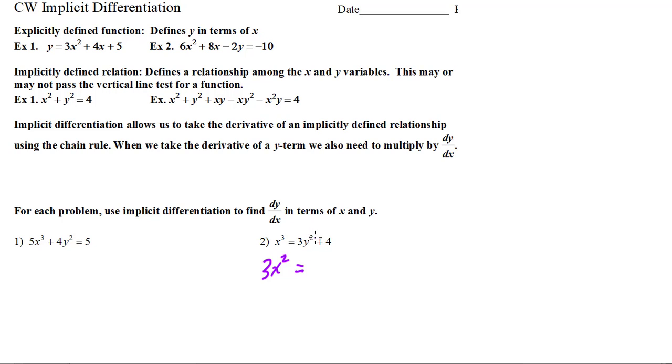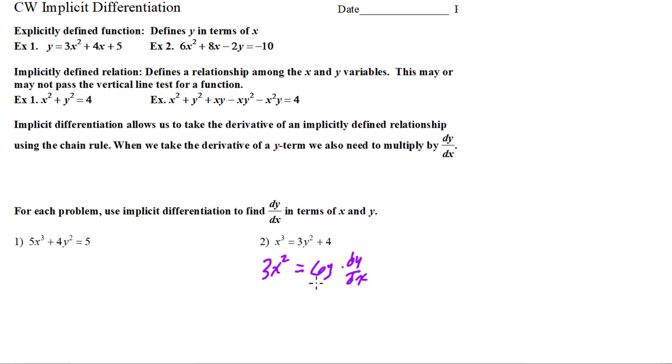So the derivative of the outside is going to be 6y. But remember, y here is really a function of x, so we also need to multiply by dy dx. And then the derivative of the 4, well, 4 is a constant, so the derivative there is 0.